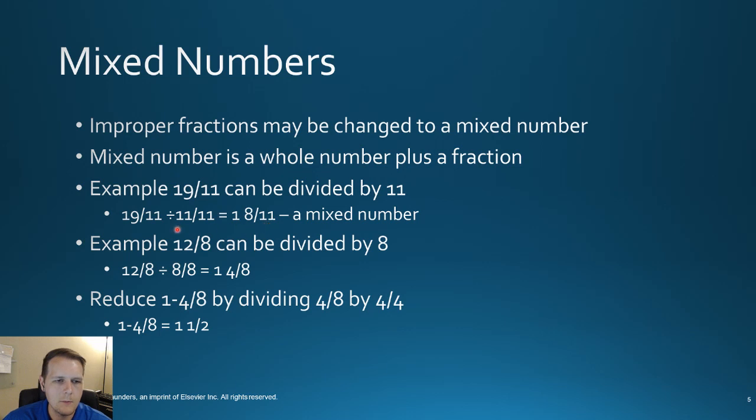Again, 19 minus 11 is 8 left over, so you have 1 and 8 over 11. So it's a mixed number. In the case of 12 over 8, that can be divided by 8, and what you end up with is 1 and then 4 out of 8. Then you can simplify that even more: 1 and 4 over 8 is just going to be 1.5.